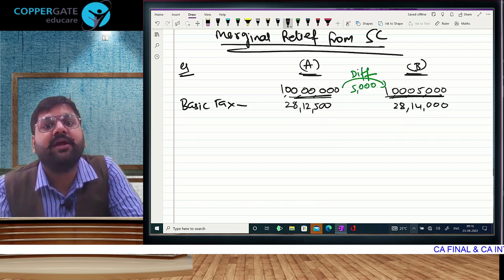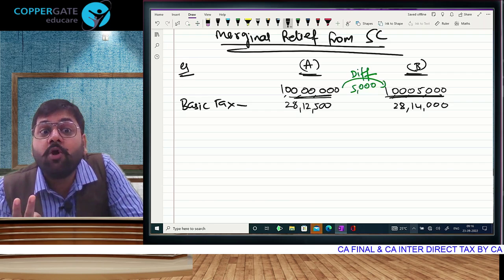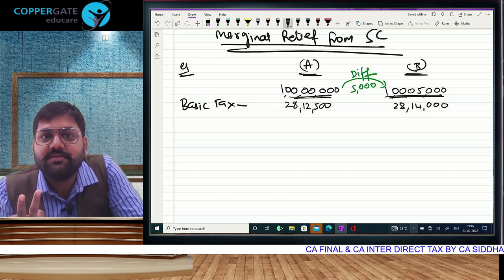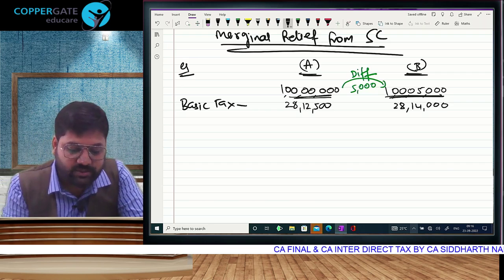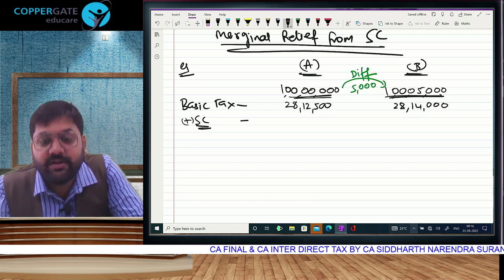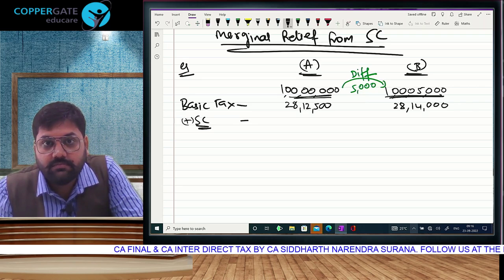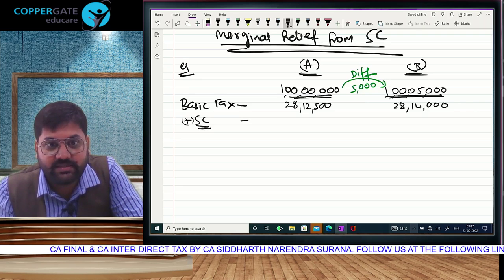But what will be your next step? Will there be rebate? A question is being asked by the professor. No rebate. None of them? No rebate, no surcharge? No. This is a case of surcharge. What is the difference? For assessee A, the rate of surcharge that will apply is. Scroll, surcharge rates.